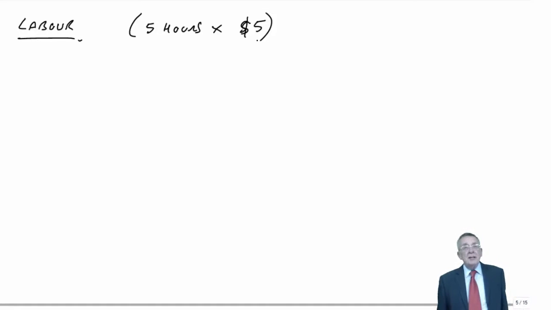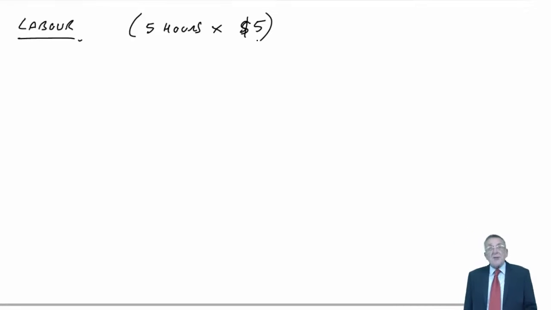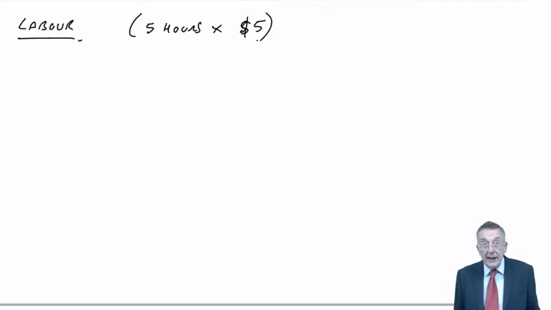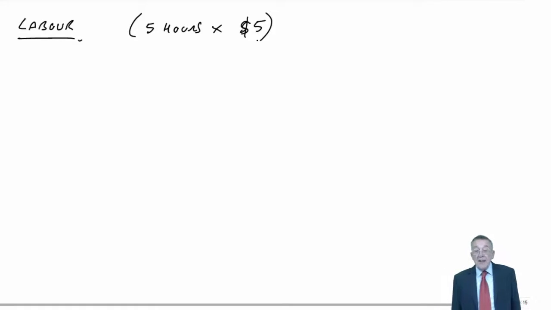So each unit should cost 25. And again, similar sort of way to materials, we're going to look at the two bits separately. We're going to check, did we pay them $5 an hour? And separately, even if we had paid them $5 an hour, did they actually work for 5 hours a unit?